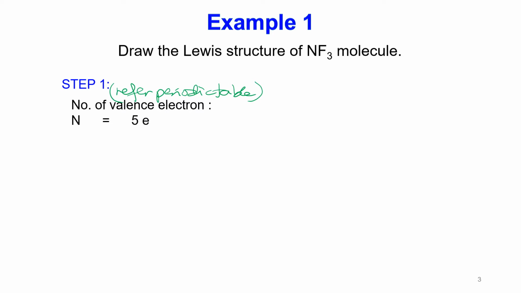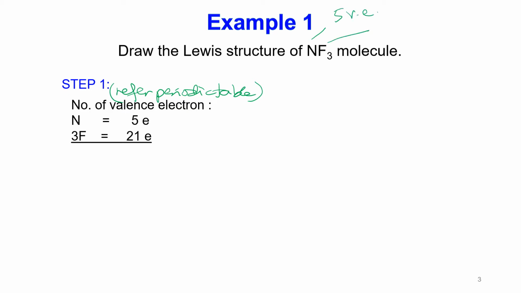So we know that nitrogen has 5 valence electron. Fluorine, 7 valence electron.